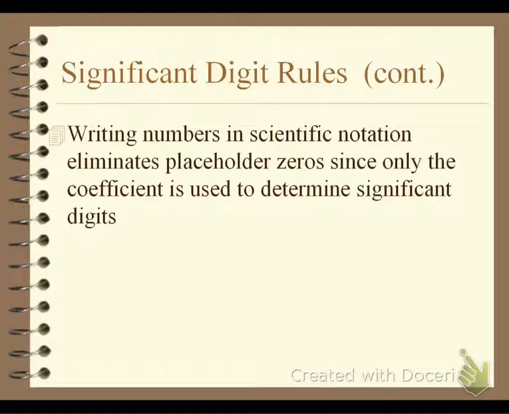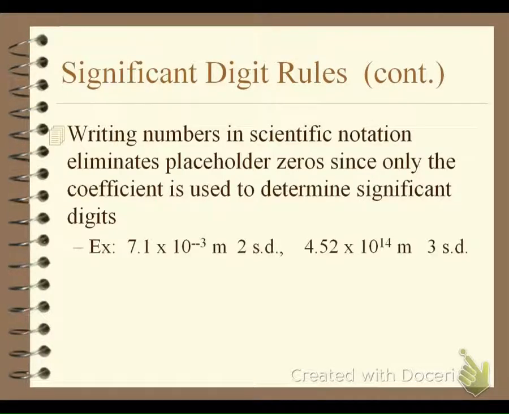When looking at significant digits for a number in scientific notation, I only look at the coefficient. So 7.1 times 10 to the minus 3 has 2 significant digits. 4.52 times 10 to the 14th has 3. The exponent has nothing to do with it, just the coefficient.